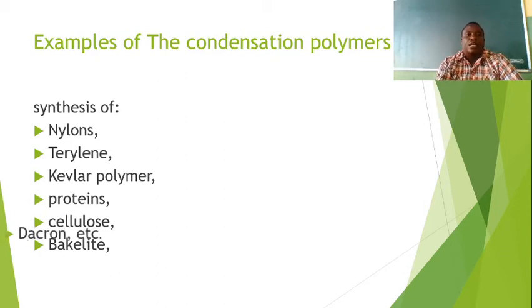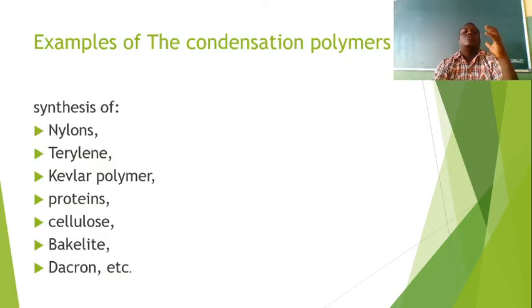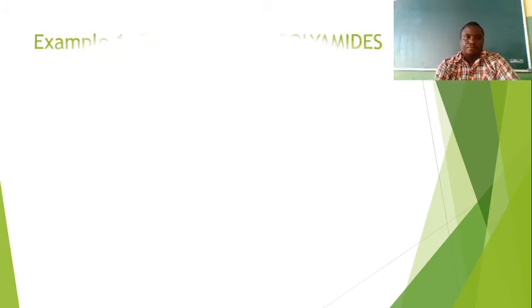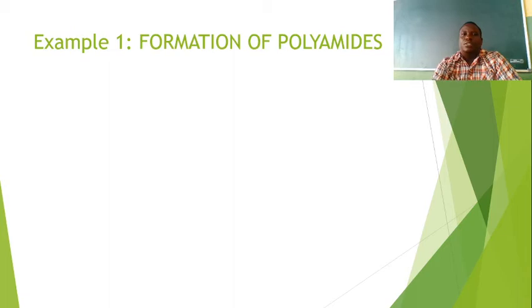So now also there are many examples of polymers formed from condensation polymerization. Now I am going to start with nylon, because nylon is one of the polyamide reactions.